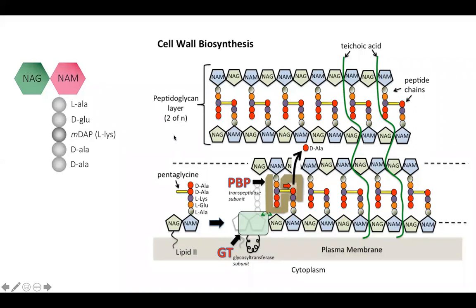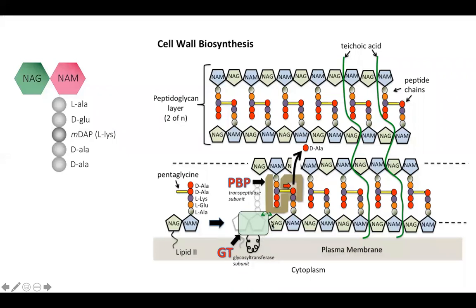So this process is catalyzed by the large group of enzymes that we refer to as serine proteases. But usually when you're talking about the beta-lactams, we refer to them as penicillin binding proteins. So these are enzymes that catalyze cross-linkage of the different chains. Now you have the beta-lactam antimicrobial agents.